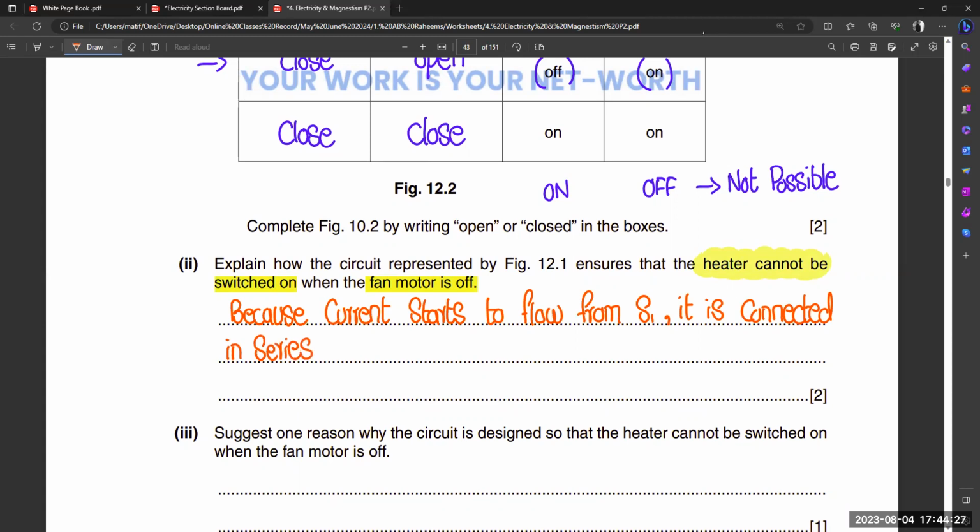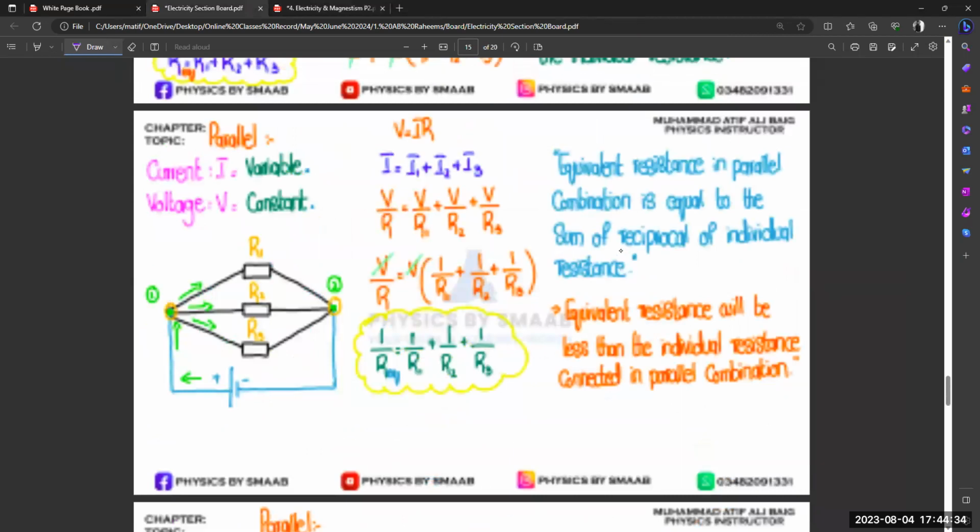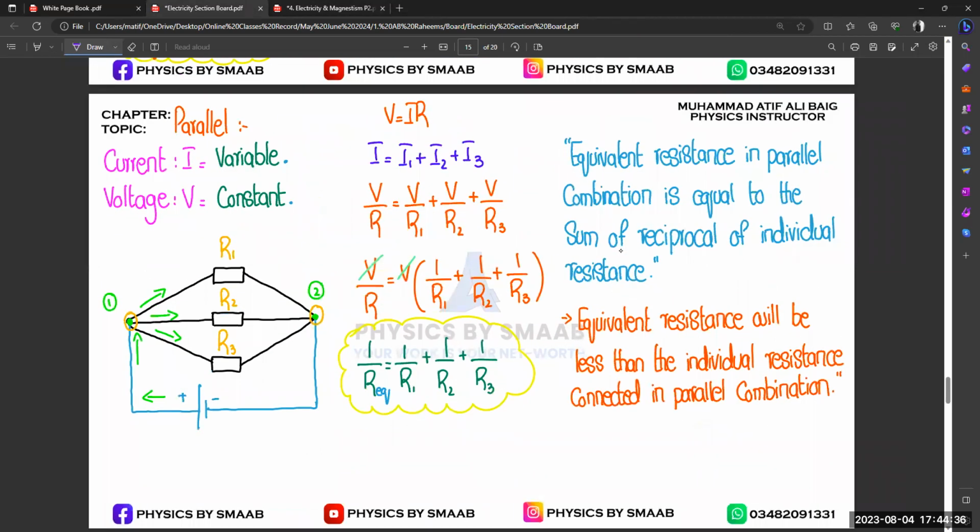We discussed it in the concept of resistance, series combination and parallel combination. We discussed that or not? So you know the concept of series and parallel combination.